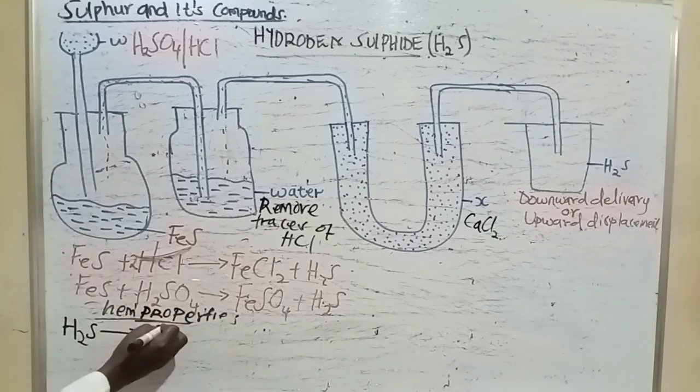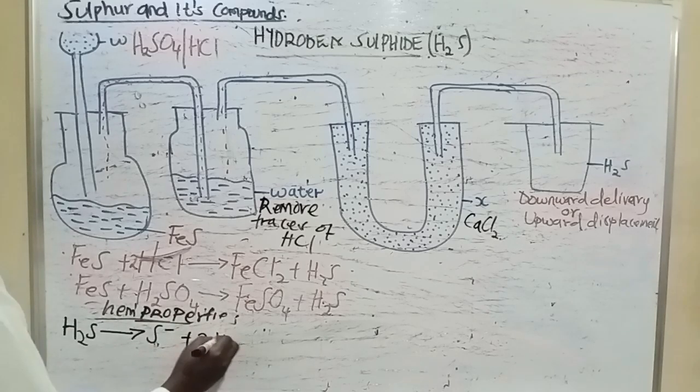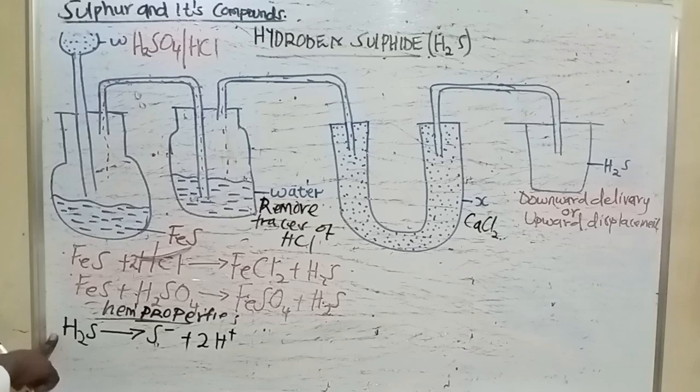It is going to dissociate to form sulfur ions plus hydrogen ions. When you dissociate your hydrogen sulfide in water, you form sulfur ions and hydrogen ions. The sulfur ions have a reducing property, in which the sulfur ions are going to be further reduced to form sulfur.